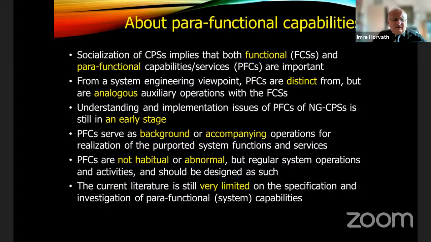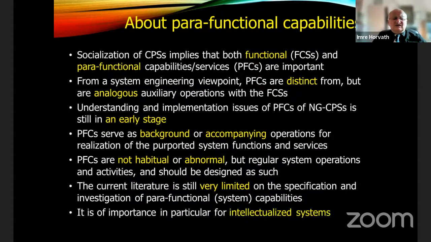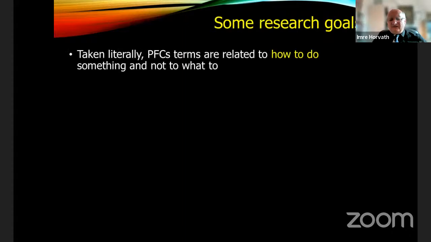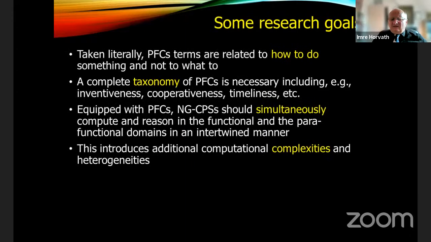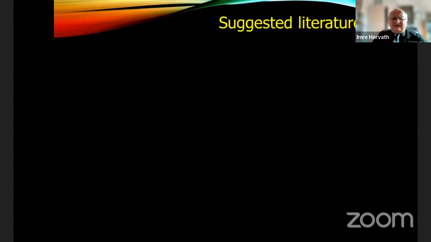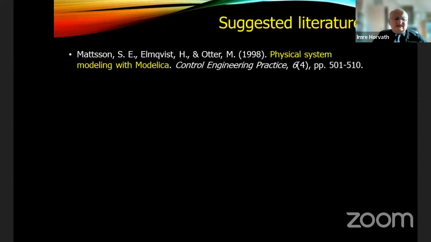You do pioneering work because the current literature is very limited on this. On the other hand, there is an important need for it. On this slide, since time is running fast, there are some research goals that we might address.